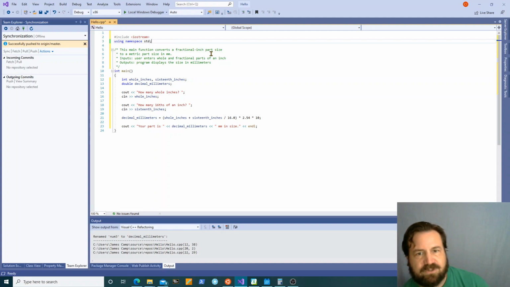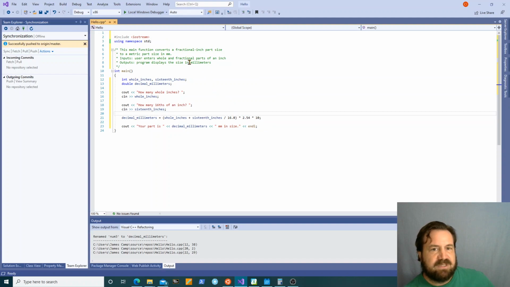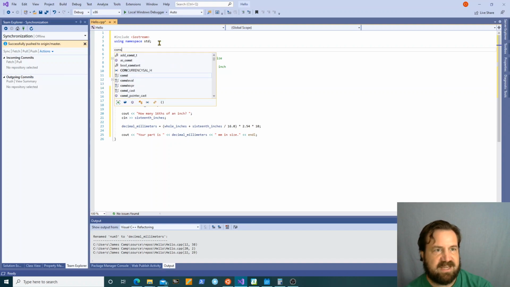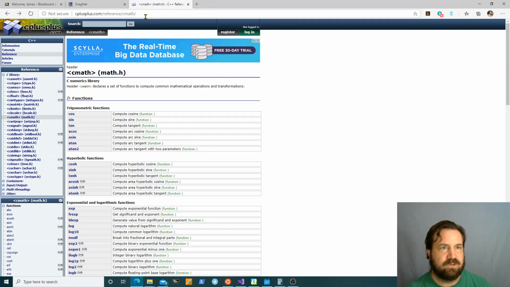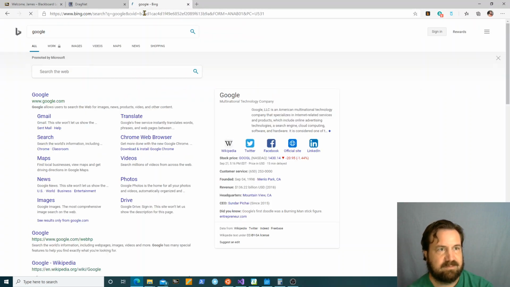So another thing we can do is replace some of these magic numbers with constants. And C++ gives us a const keyword. So I can say const double millimeters per inch equals, and I'm going to just go to Google real quick and say convert 1 inch to centimeters.